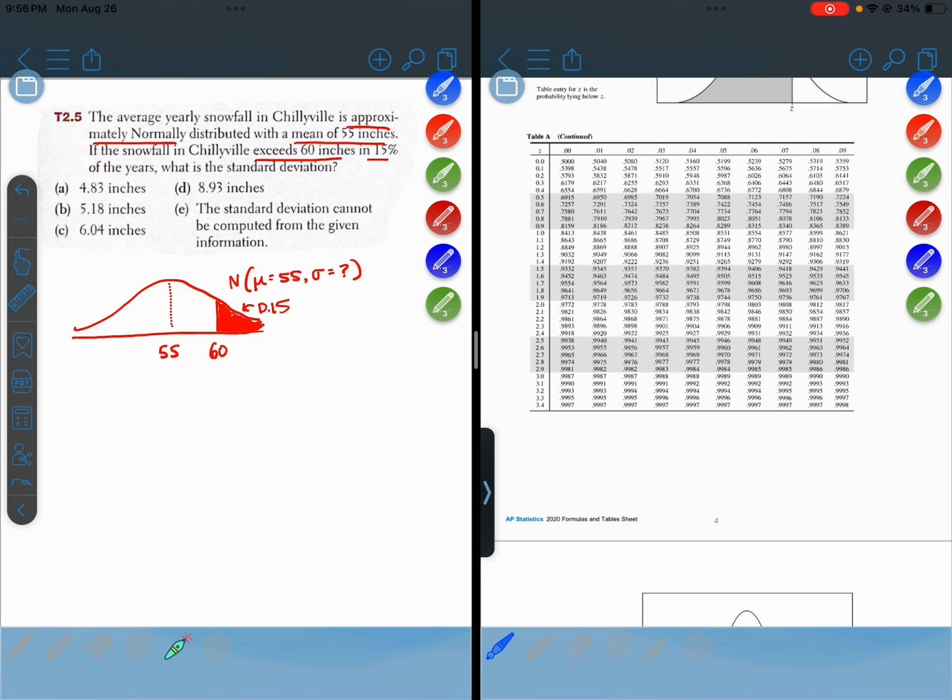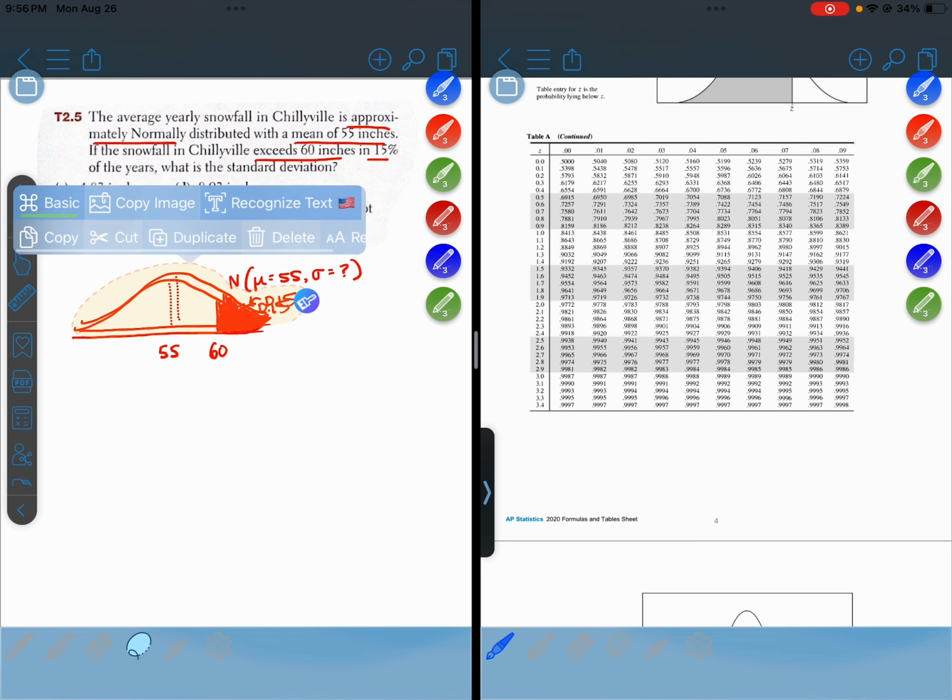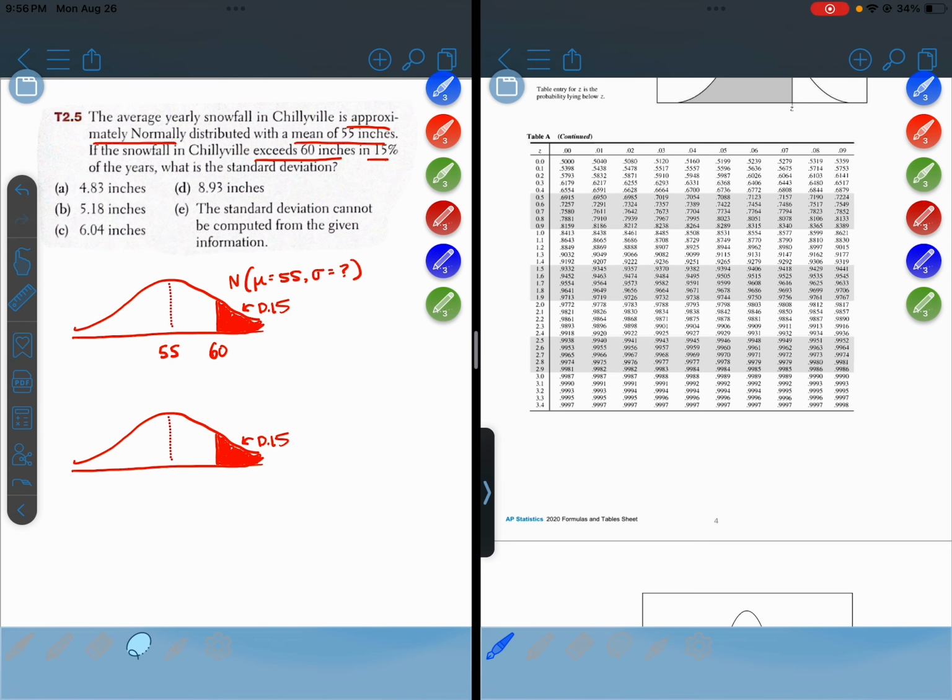Let's redraw our distribution as a standardized one. In a standard distribution, the mean will be 0 and the standard deviation will be 1. So that will be 0, and this is going to be some z-score. Let's see if we can figure out the z-score.